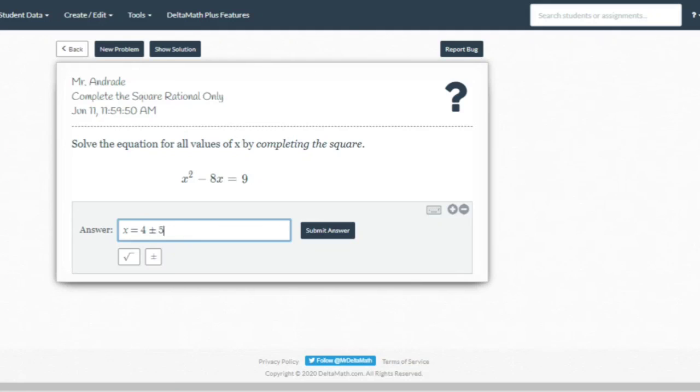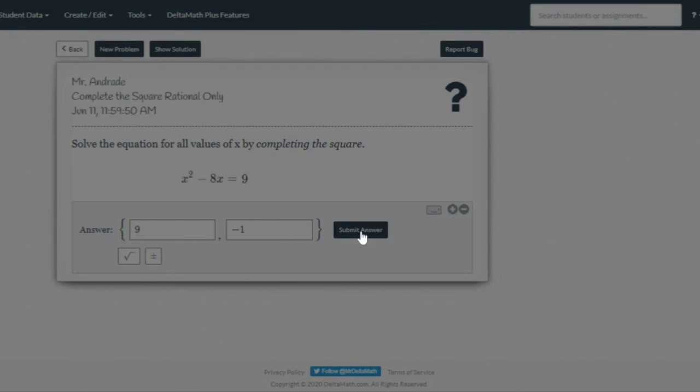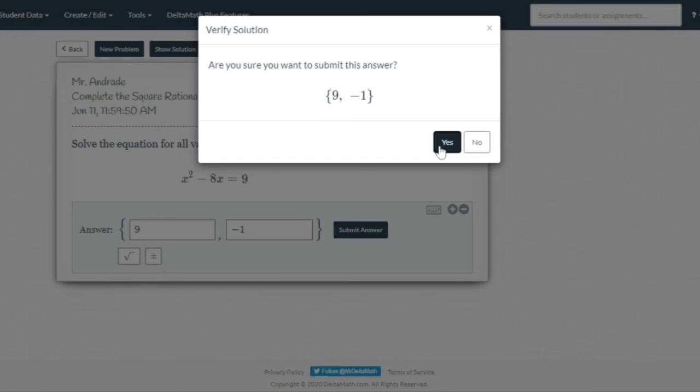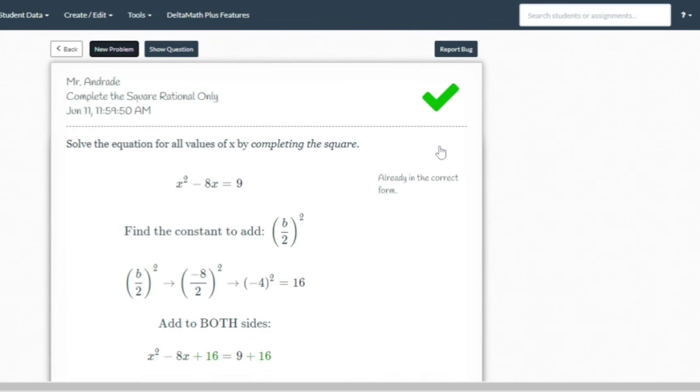So our two answers are 9 and negative 1. And the way this popped up, I just hit the comma button and it separated the answers for me. And there we have it.